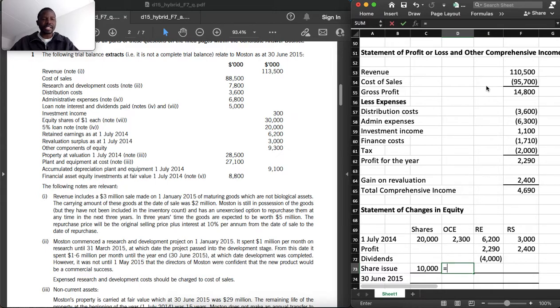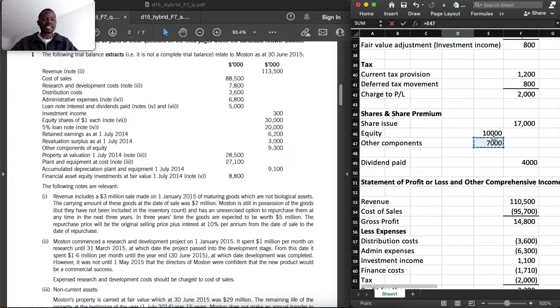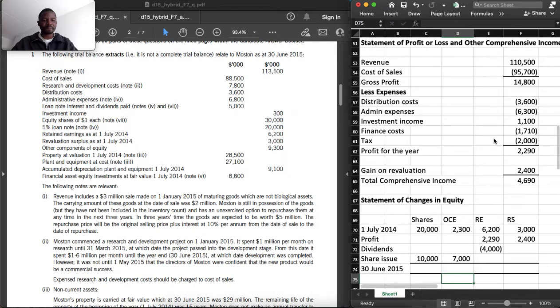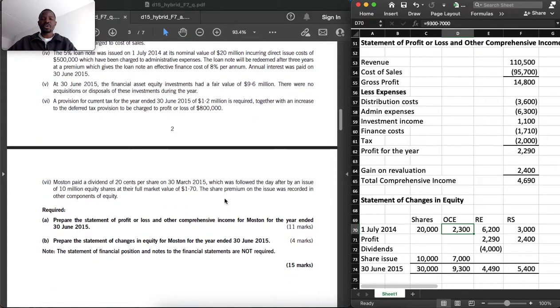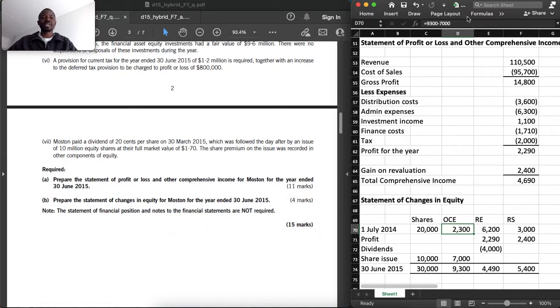And other components, we calculated the figure as 7,000, like that. Then we can sum up everything. This is what was expected from us to get our 4 marks, totaling all in all 15 marks.